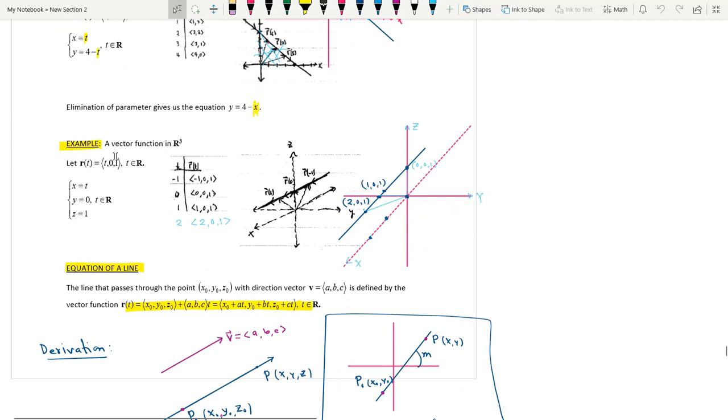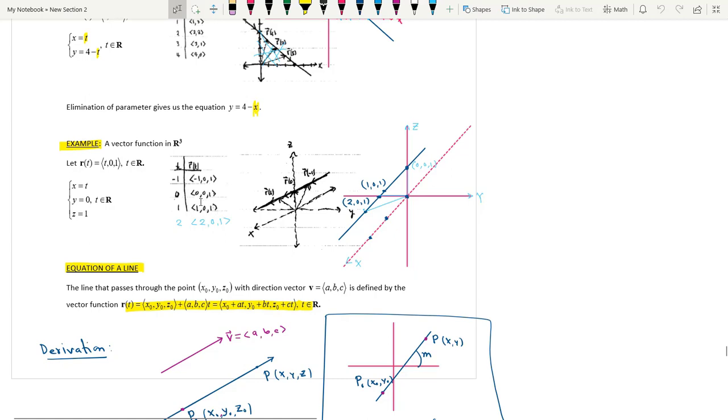In 3 dimensions, we have a vector function r of t equals t, 0, 1, where t is any real number. We need to sketch its graph. So x equals t, y equals 0, and z equals 1. When t equals 0, x becomes 0, y is 0, z is 1. So we'll get this point. When t equals 1, we get 1, 0, 1. Similarly, when t equals 2, we get 2, 0, 1.